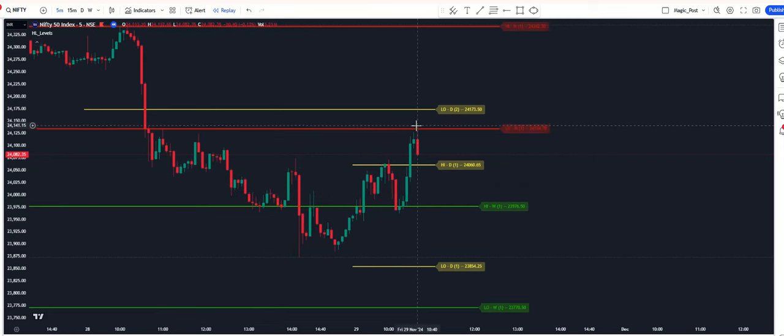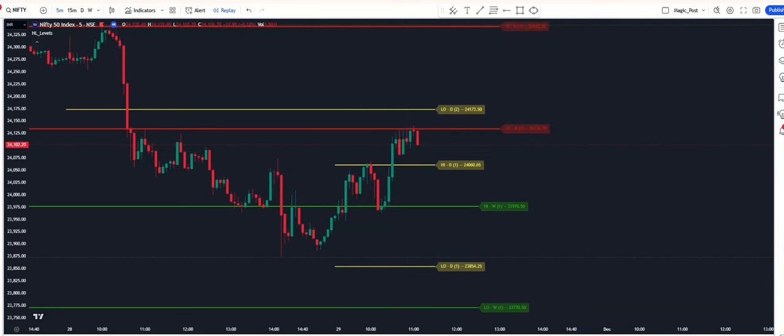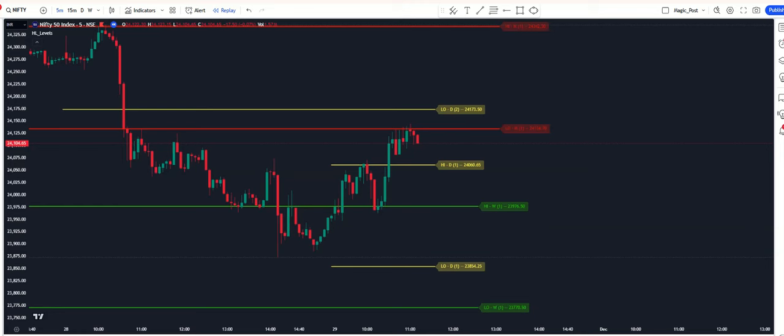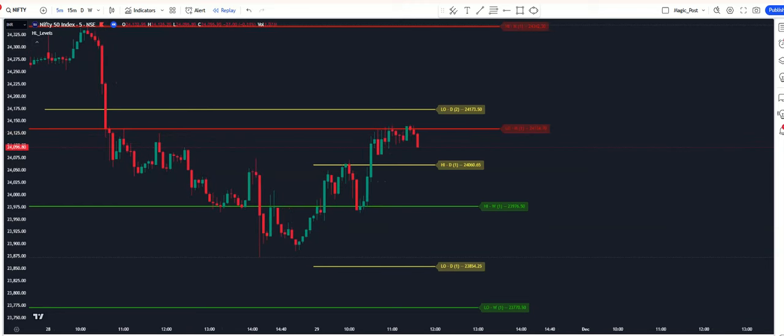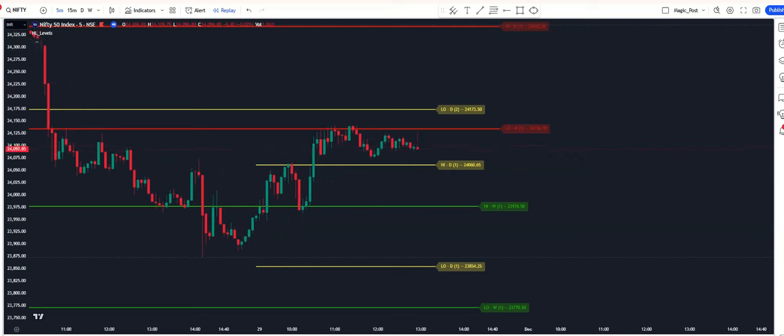Same way, CE only after the low of the day, so that we can expect it's going to test this one, right? So let's see. No, it's not able to cross the month low, and let's keep on trying. But a lot of resistance here.